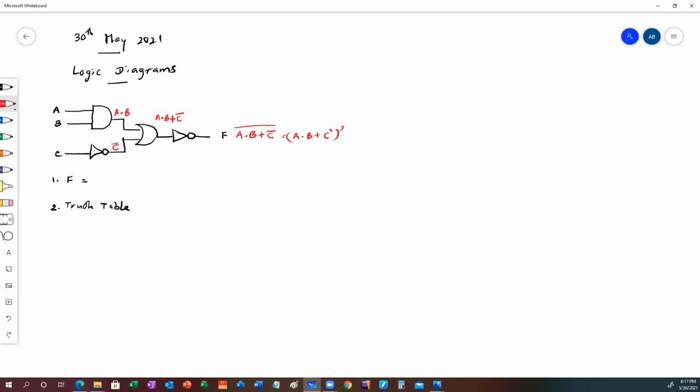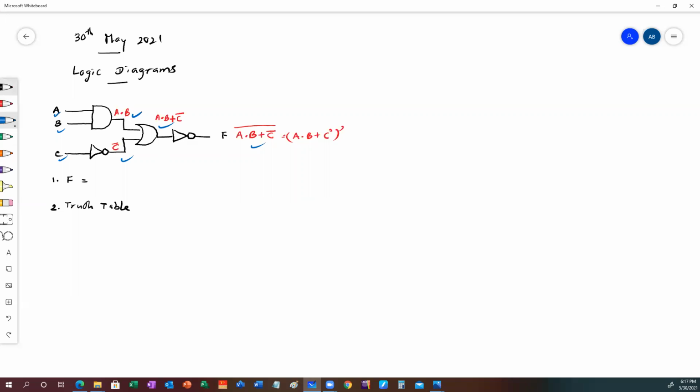You can start doing it. Now in the truth table, you have to have 1 column, 2, 3 for the 3 inputs, 4, 5, 6, 7 altogether. The columns must match the number of gates. Right, 1, 2, 3, 4, 5, 6, 7. 7 columns, right?